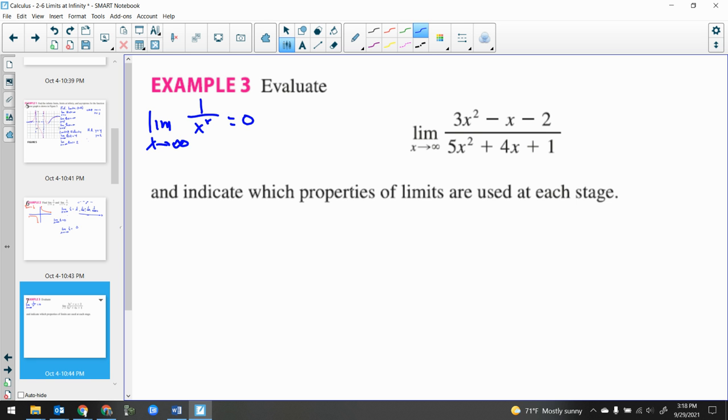Now, how's that going to help us? Well, take a look at this. We've got this weird rational function. A unique way to solve this is to divide by the highest power of x in the denominator.